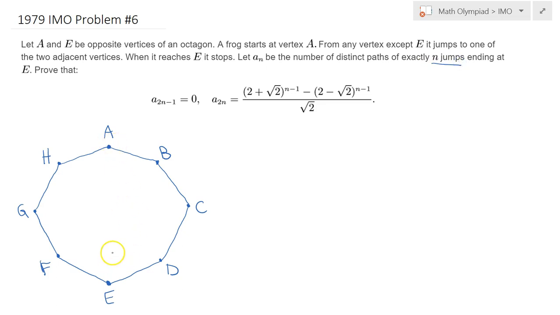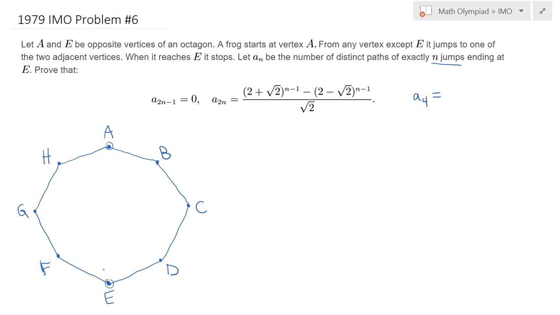So capitalizing on our observation, for example, it would not be surprising to see that A sub 4, starting at point A and going to E, how many ways, taking only 4 jumps, can we reach point E starting from point A? Well, on our octagon, we can either go clockwise or counterclockwise.